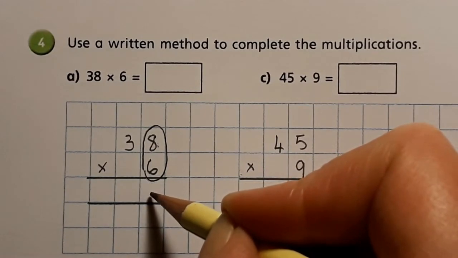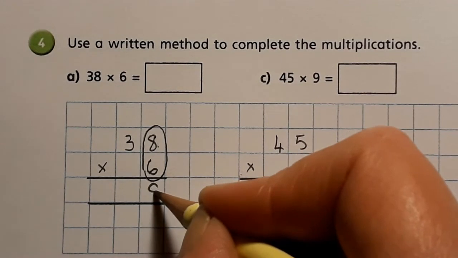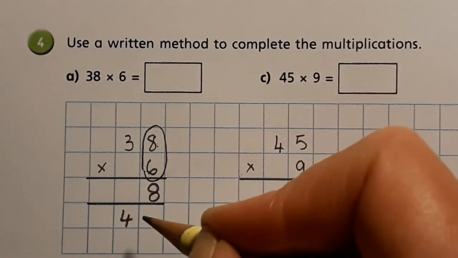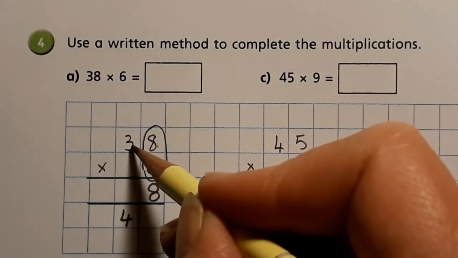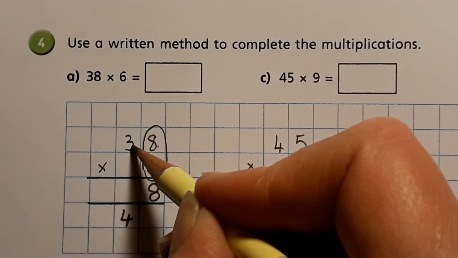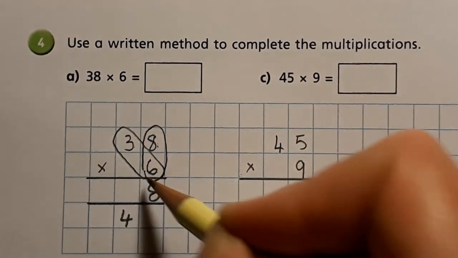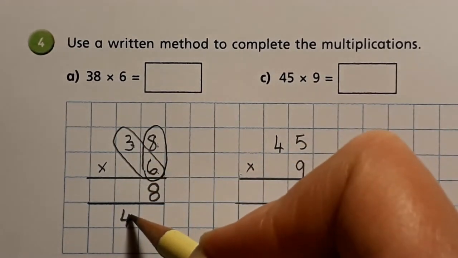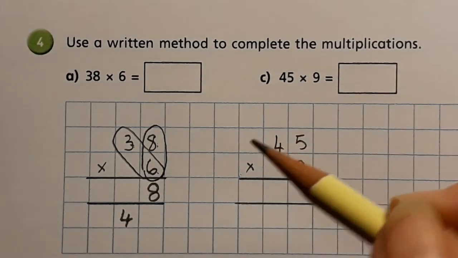And when we've worked that out, 6 eights are 48. We put down the 8 and exchange the 4 tens into the tens column, and then we do 6 times 3 is 18. Okay, so we have to multiply the tens digit, 6 times 3 is 18, and add the 4 we exchanged from the ones. Okay, and I'm not going to give you any more clues than that.